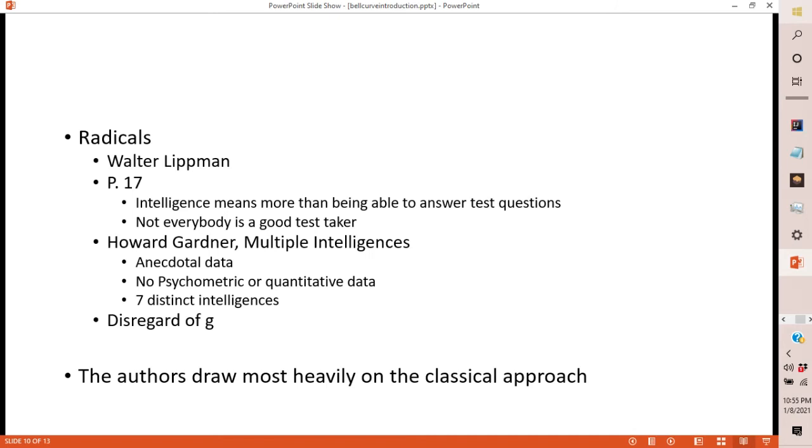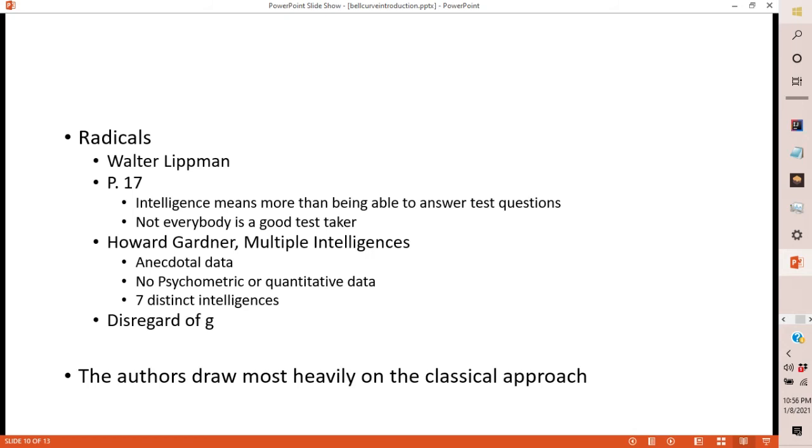It was mostly anecdotal, no psychometric or quantitative data, and he lists 7 distinct intelligences and a complete disregard of G, that general factor. And the authors kind of say, why are we labeling things as intelligent when really they probably should be labeled talents, or abilities, right? Let's not label intelligence for something that it's not.